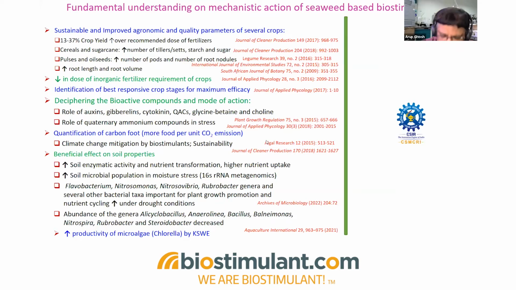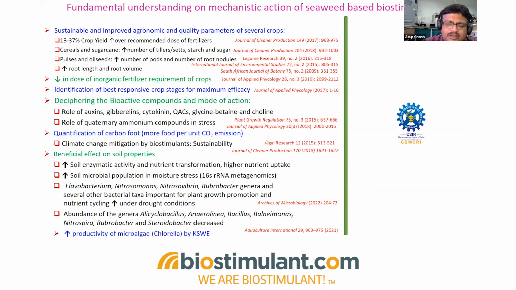Now, this is important. Why this is important is that the stage at which one should apply the seaweed biostimulants is stage specific. This is what we found in maize, wherein we tried different combinations of treatment at different leaf stages of the maize, and we can identify the best stage, the best two stages, best three stages, and which are the stages at which the biostimulant does not work.